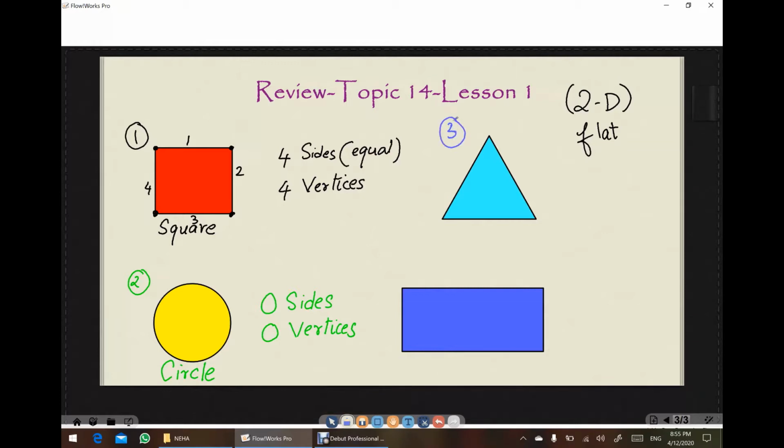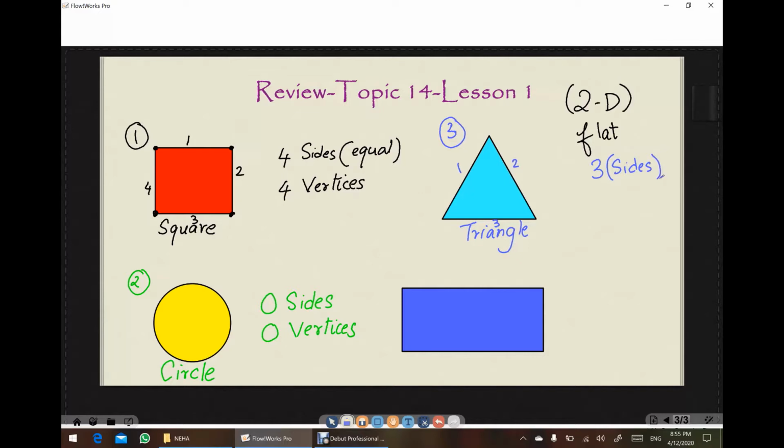Next. Which shape is this? It's a, come on kids, it's a excellent triangle. Now how many sides does a triangle have? 1, 2, 3. 3 sides. Now it doesn't mean that all the sides need to be equal.